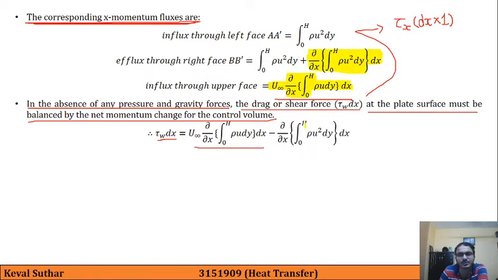Okay, so the difference between these two, the remaining two integrals will get eliminated. So finally what we are getting over here is, see what we have done.